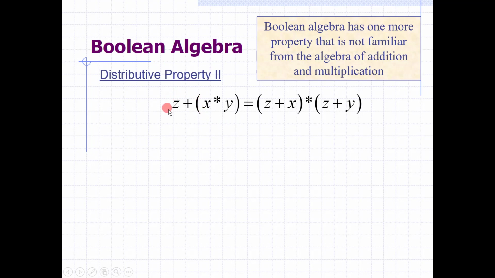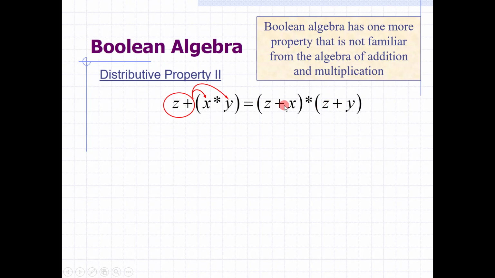It's really neat when you have Z or and then two variables that are ANDed together, you can distribute the Z into the brackets, but it takes this OR with it. In the typical distributive property, we have an AND here and an OR here. But now we can swap them around and it still works out. Basically, we can turn it from the sum of ANDs into the AND of sums.